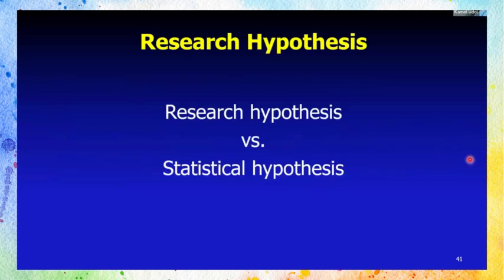I would like to explain more about research hypothesis in order to avoid confusion with another type of hypothesis, the statistical hypothesis. Research hypothesis and statistical hypothesis are related, but they are not the same.